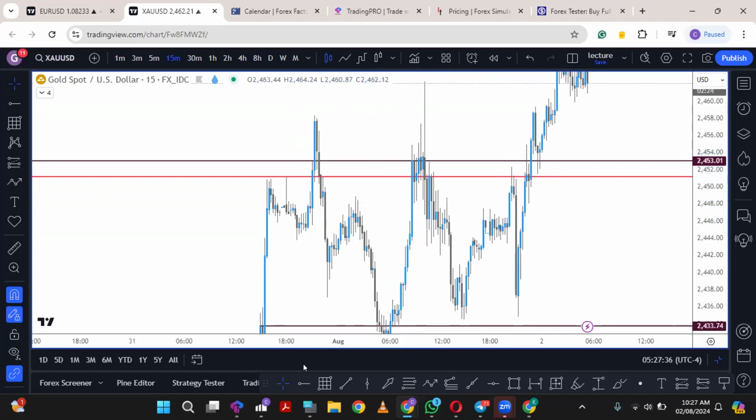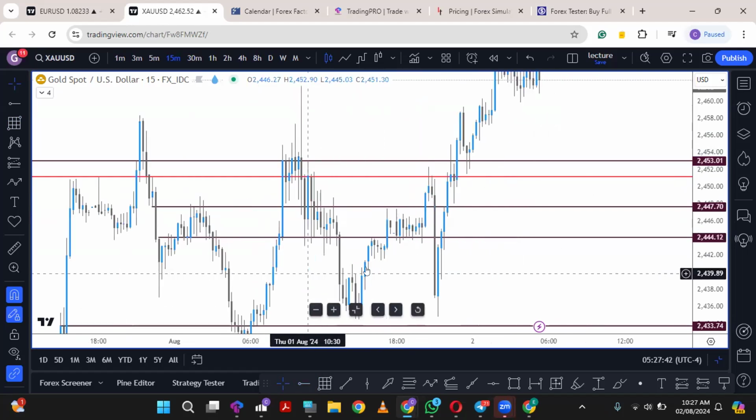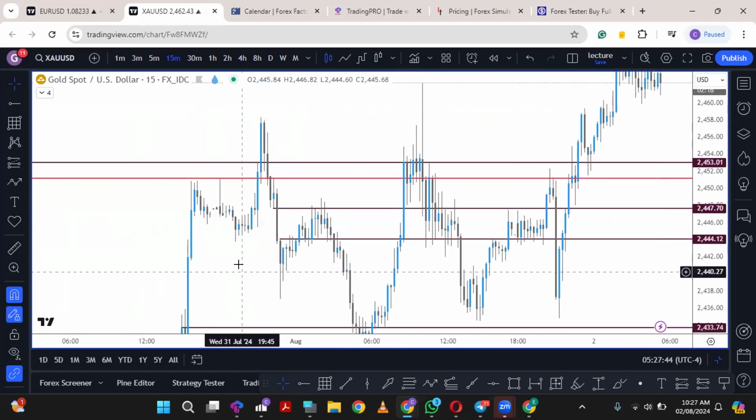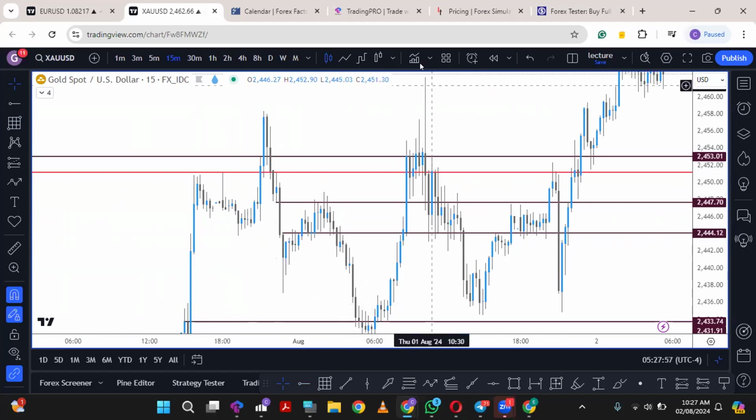Because here you had a fair value gap. And what else? Another block. Thank you. Fair value gap and a break of structure.